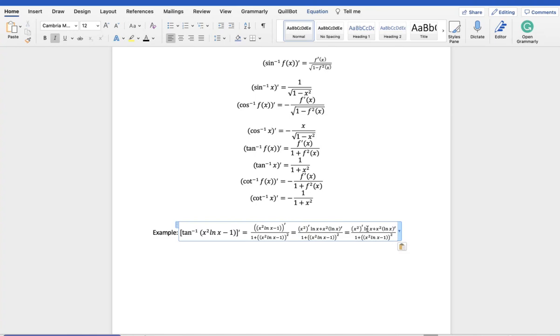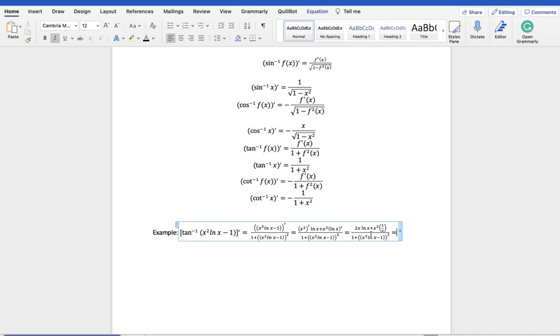This is just equal to, obviously the derivative of x squared is 2x, so 2x times ln x plus x squared multiplied by the derivative of ln x, which is just 1/x, all divided by 1 plus (x squared ln x minus 1) squared, right?